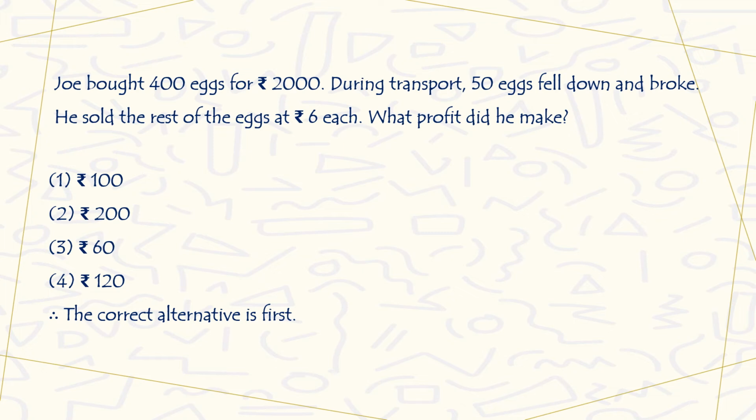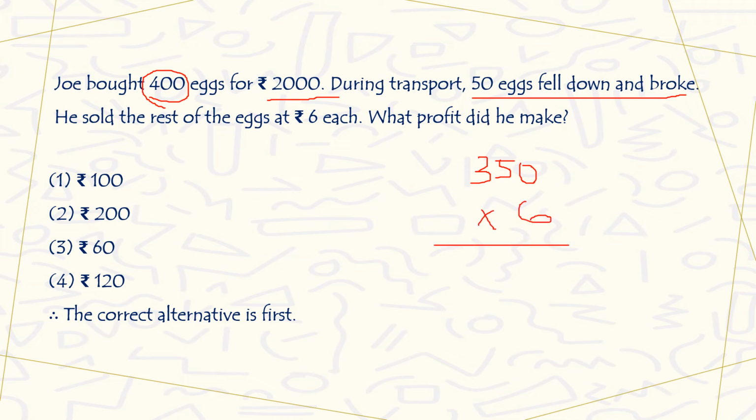Joey is making 100 rupees profit out of this transaction. Okay, so I'll just explain how he is making it. He has spent rupees 2,000 on purchasing 400 eggs. He is left with only 350 eggs because 50 eggs have been broken. Now he is selling them for rupees 6 each.